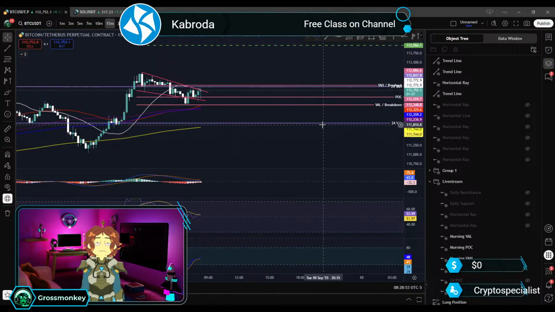And that 111,800 area, where the 24 hour volume area low is, is the support that we're watching for potential bounce traps on.